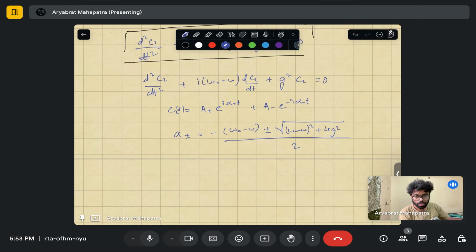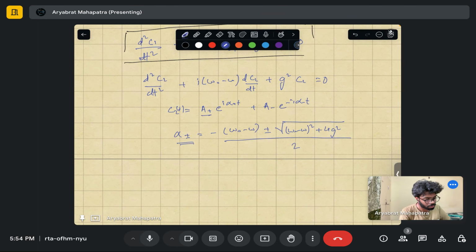You get the solution of this differential equation by changing it into an auxiliary equation, and then you solve for the roots of that auxiliary equation. Those roots are given by alpha plus minus, and when you write in terms of exponential of I alpha plus and exponential of I alpha minus, that is the solution.